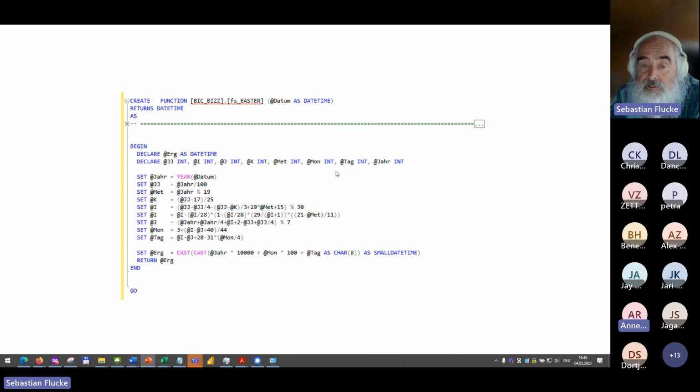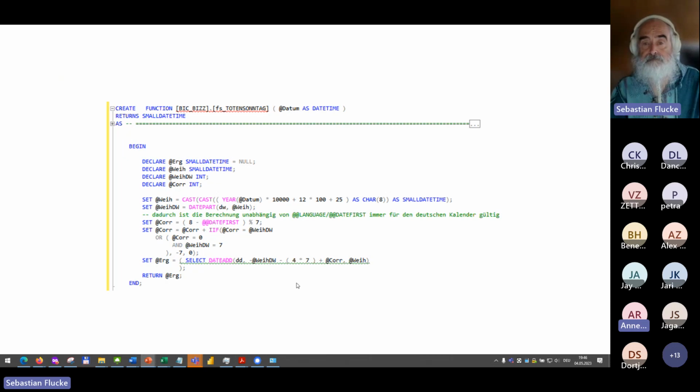That means the year is the parameter which goes into that function, and then we have that very strange-looking calculation, and we get a date and time which tells us that on that date in the year you requested, we have the Sunday of Easter.